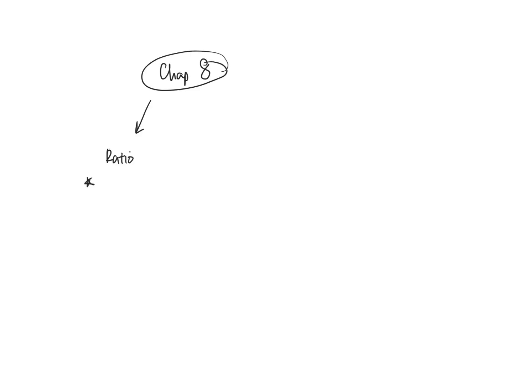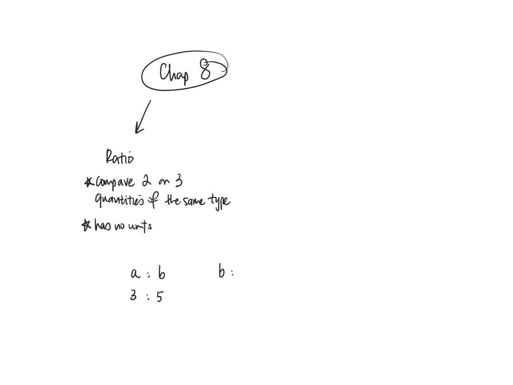About ratio is that you are comparing 2 or 3 quantities of the same type. They must be the same type of quantities. And ratio has no units. Remember? So if you can still recall, if I tell you the ratio between A and B is 3:5, and then I say B is to C is maybe, I don't know, 10:7.